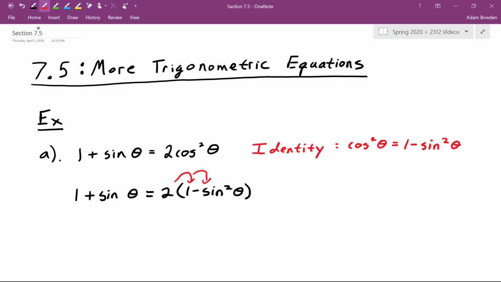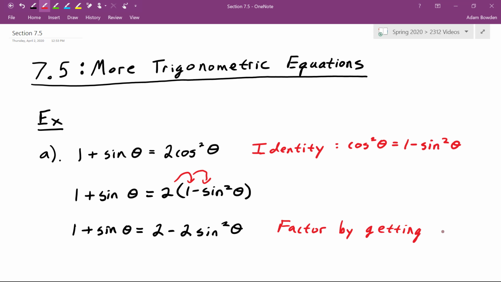I'll go ahead and distribute the 2 and rewrite this as 1 plus sine theta equals 2 minus 2 sine squared theta. Now in this kind of scenario, we can get it into a situation where we can factor, and we're going to factor by getting everything on one side.